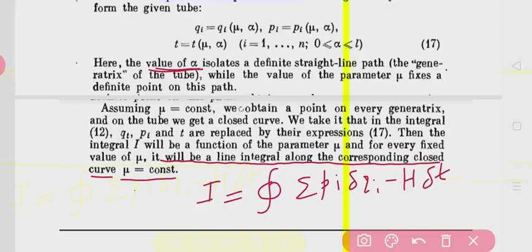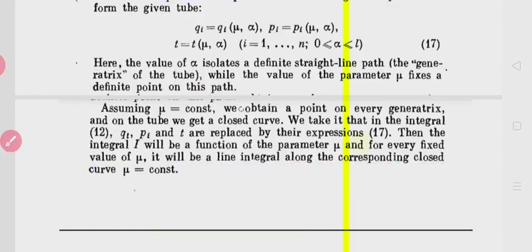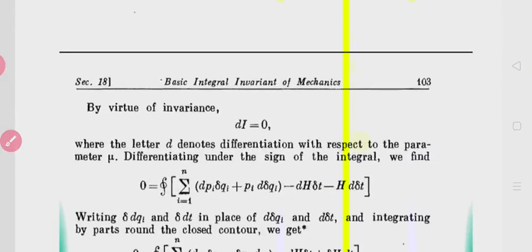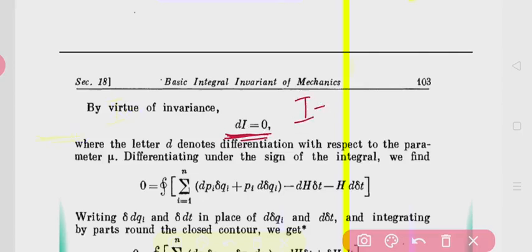So this I becomes a function of mu. Since I is a function of mu and mu is constant, the derivative of I with respect to mu will be equal to 0. Okay, if d of I is equal to 0, and you know that I was this one, right?